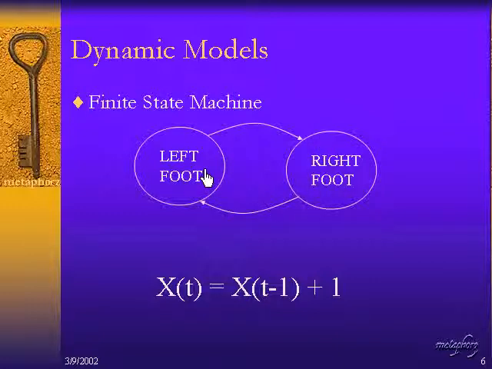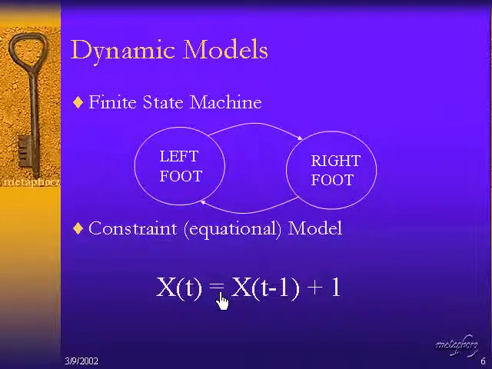There are more states that could be added to this to model a proper gait. You could have the heel touching or going down onto the ground, followed later by the toe. And so if you start to break down the geometry, you end up creating more states in this finite state machine.